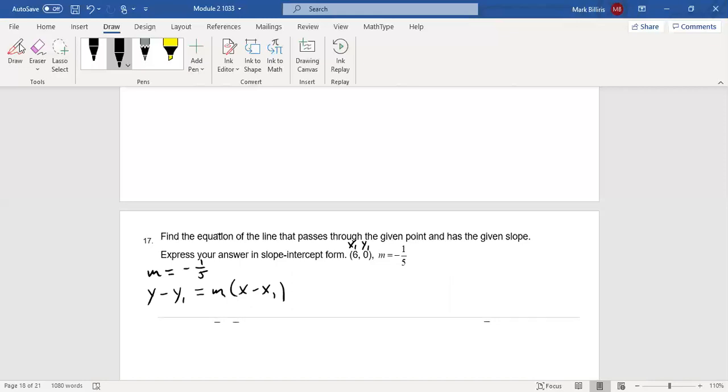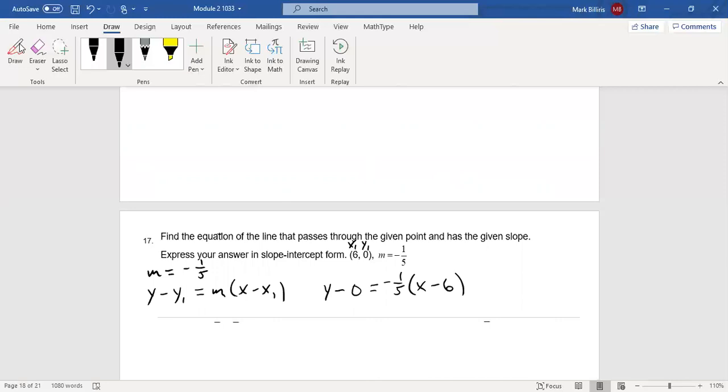So let's plug in the values into the formula. We have y minus y₁, which in this case is 0, equals the slope, which is given as -1/5, times x minus x₁, which in this case is +6.